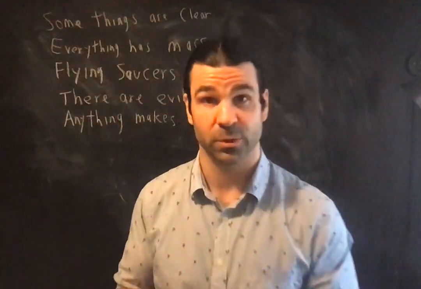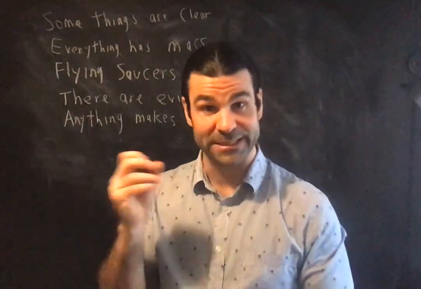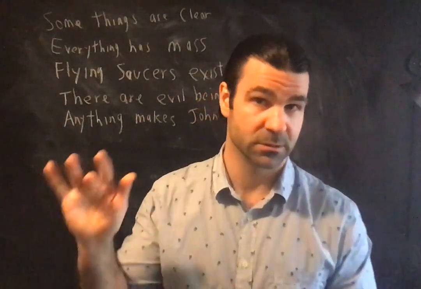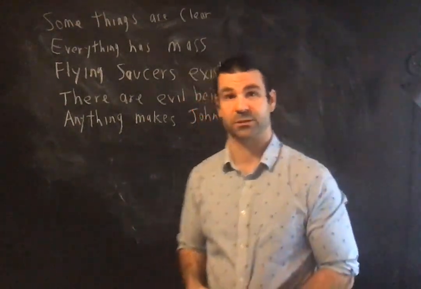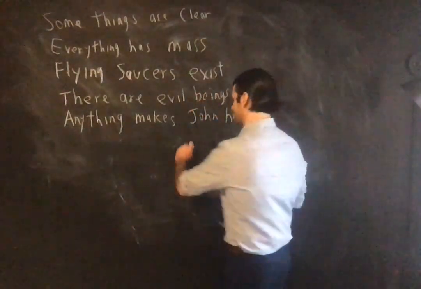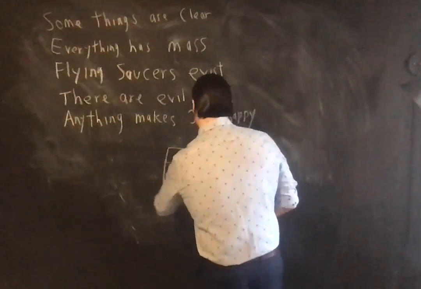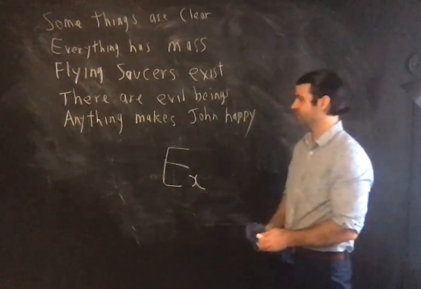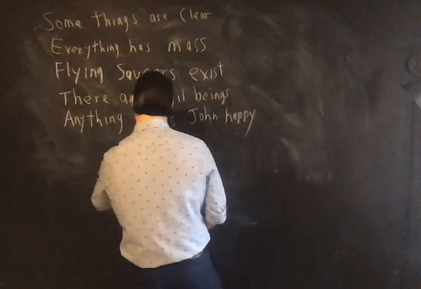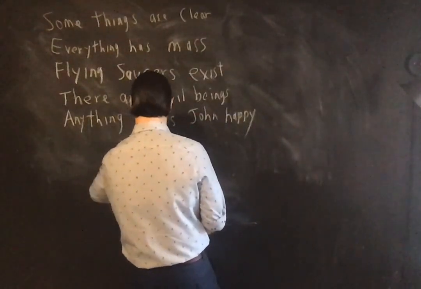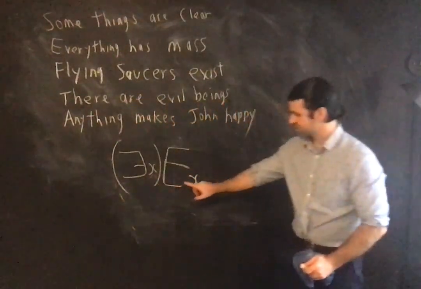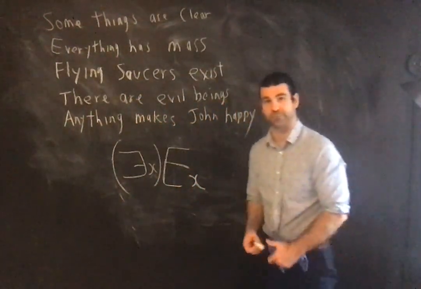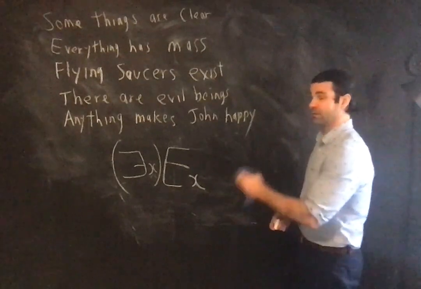Again, it is a quantifier, right? It's asserting existence. There exist. There are evil beings is equivalent to saying there exist evil beings. So the propositional function is Ex, triple bar, x is an evil being. Right? There are evil beings. Backwards E, x, forward x. There exists an x such that x is an evil being. Simple as that. All right?